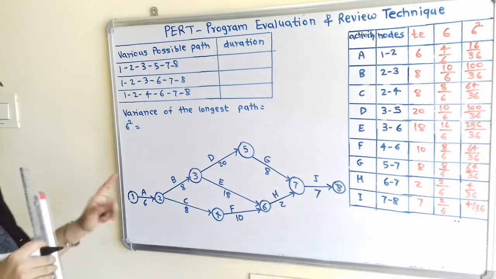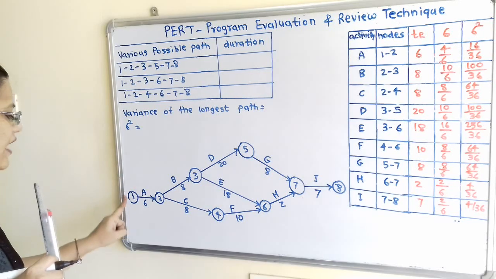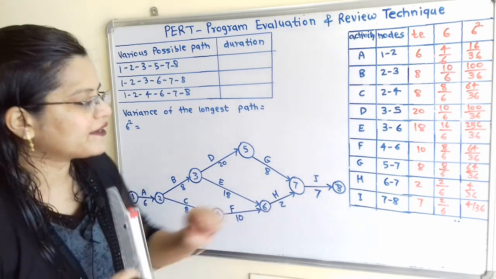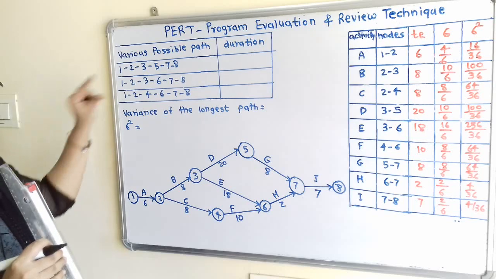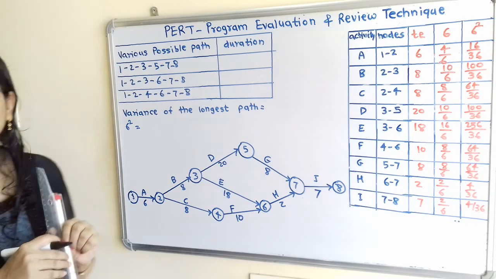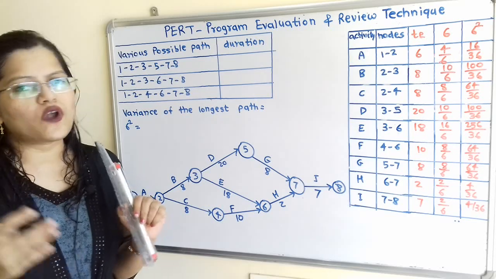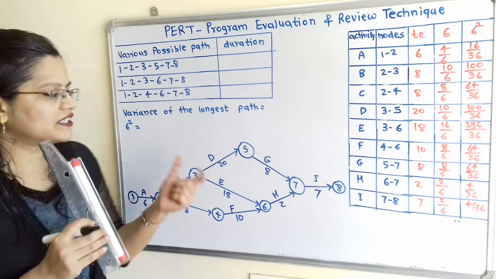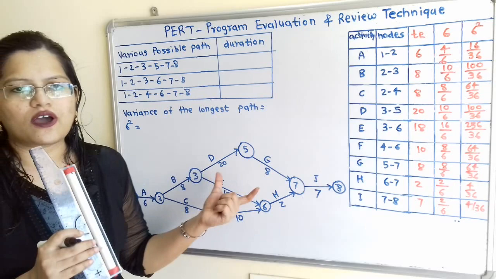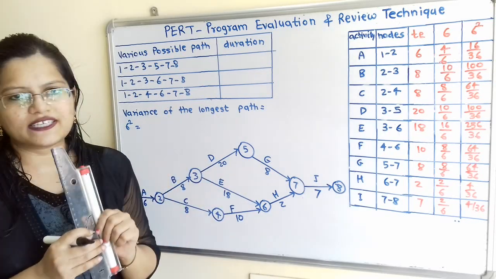Now these are the possible paths when we start from node 1 and end at node 8. Now we will calculate the duration for each possible path, and from that we have to find out the longest path, because we are going to solve this question by using the longest path.